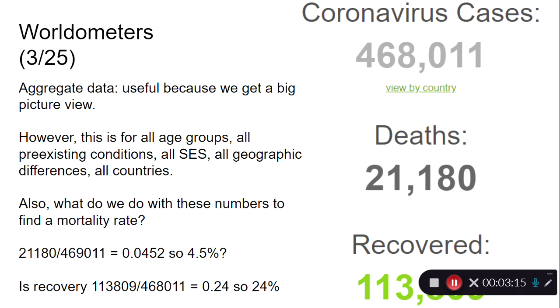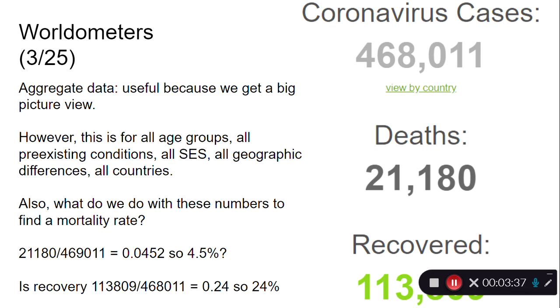The way that's usually being reported right now is to take the total number of deaths by the total number of cases, which would give you, from this screenshot, it's changed a little bit, 4.5%. So again, that's an aggregate number. It includes all the deaths and all the cases. And you could also calculate recovery.